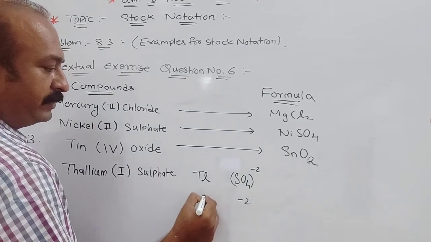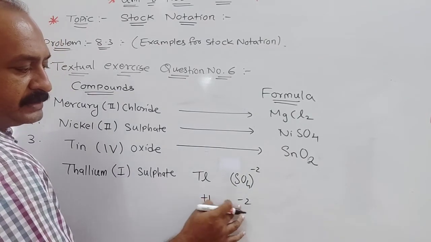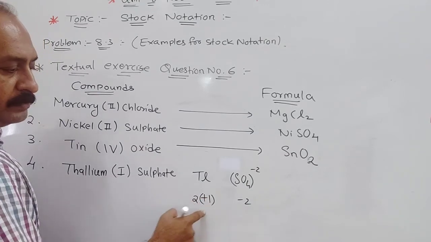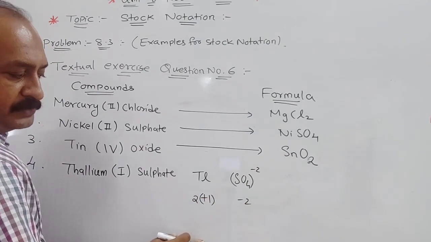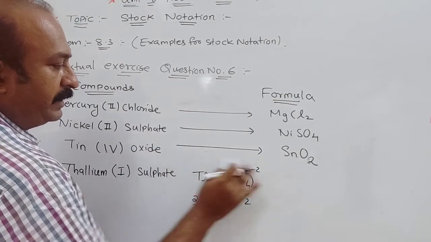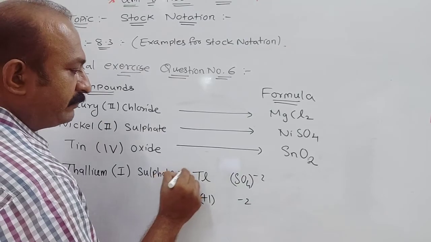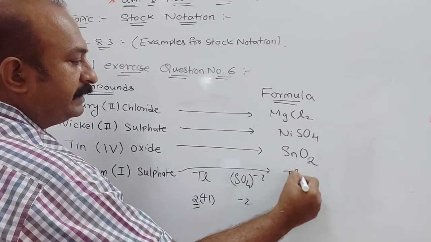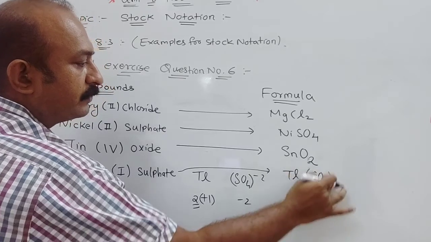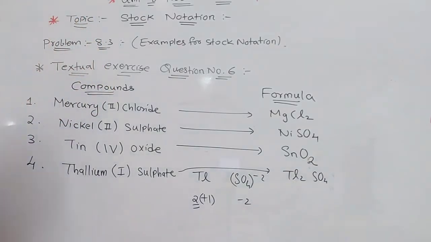Okay, thallium they have given +1. So in this case it is -2, it is +1. So what will I multiply here? 2. The +2 and -2 both became 0. So whatever I multiply, I will write here. So the formula for thallium will be Tl2SO4. Understood? Tl2SO4. This will be the formula for thallium sulfate.